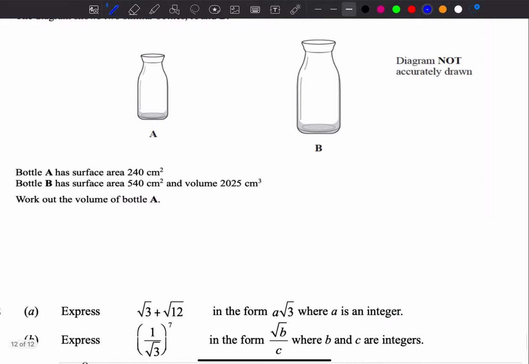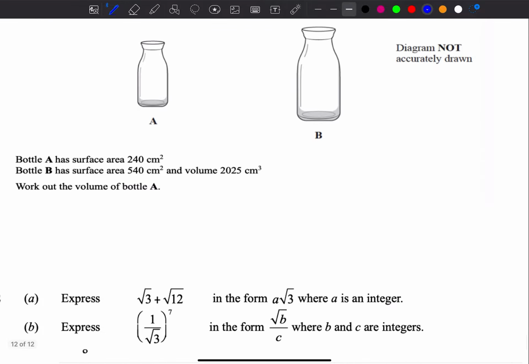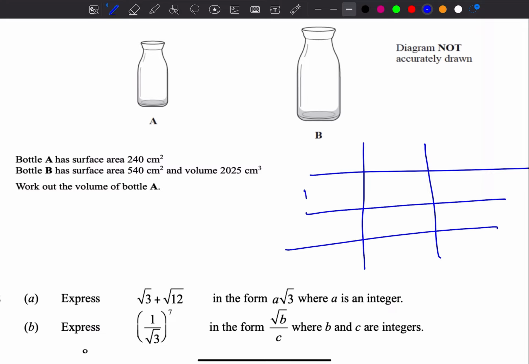Next one. We have bottle A has surface area. Okay, right. So same kind of stuff, very basic. Let's see. Now, area of A and B are 240 and 540.